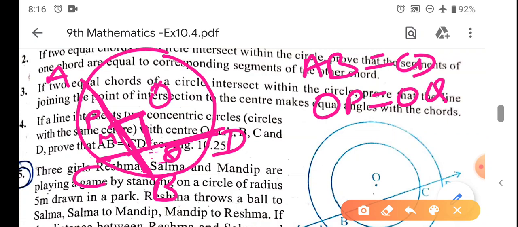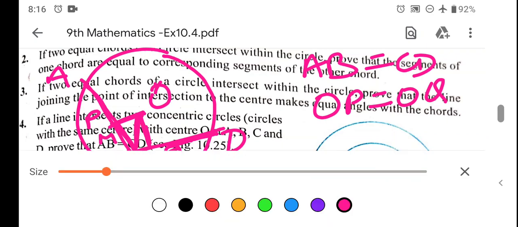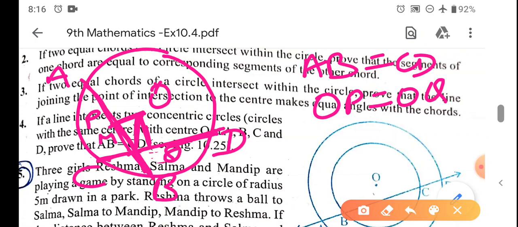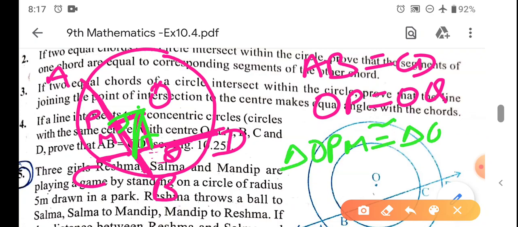So we will join this to this one. Let these two triangles be congruent. OP is equal to OQ. This angle is equal to this angle. And this is common. So by using the RHS criterion, triangle OPM is congruent to triangle OQM.